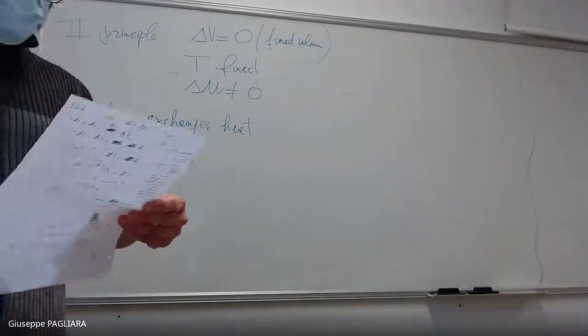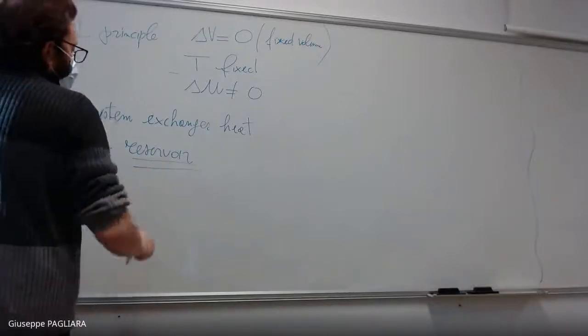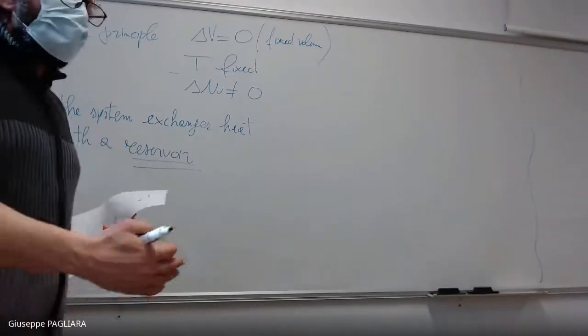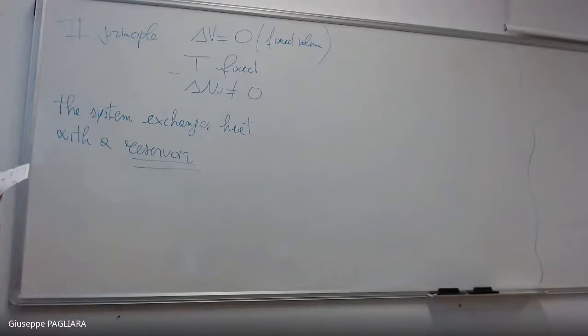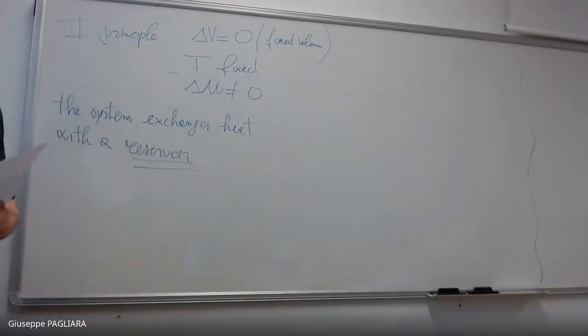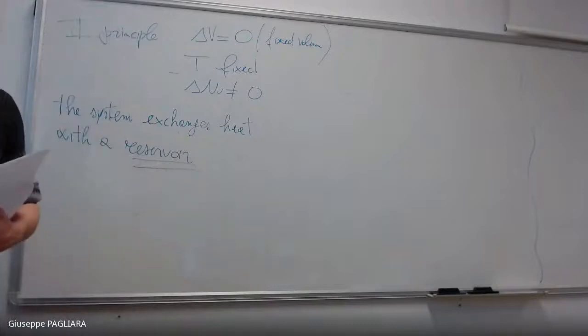The role of this reservoir is to provide the necessary heat in order to maintain the temperature of our system fixed. A typical reservoir in daily life is the sea.